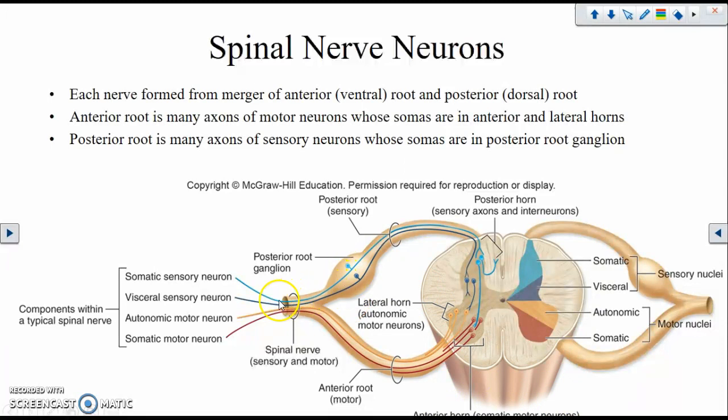Once the sensory divisions and the motor divisions join together, it becomes a nerve. So the difference between a nerve and a root is pure function, pure sensory or pure motor. Nerves are mixed, meaning they're both sensory and motor. Very, very, very important.